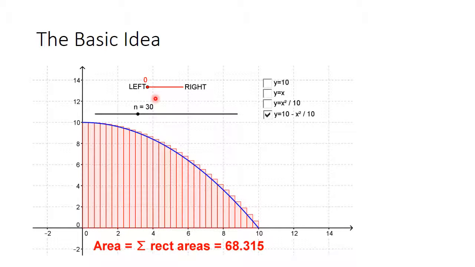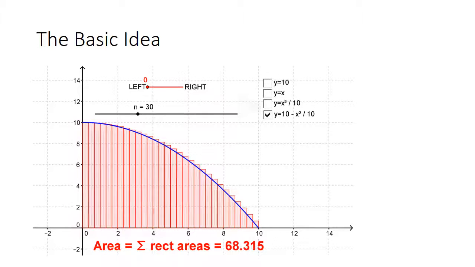Well, if we allow our number of rectangles to increase, we get smaller rectangles, and what that ends up doing is making smaller errors. In other words, the rectangles stick out less from above the function because the rectangles are narrower. And so this number right here should be a better estimate of the area than what we had before.